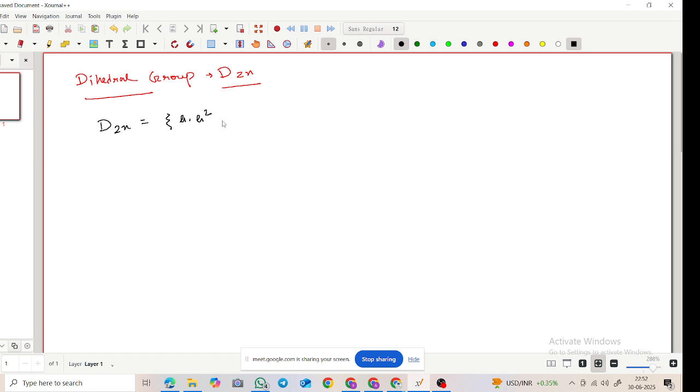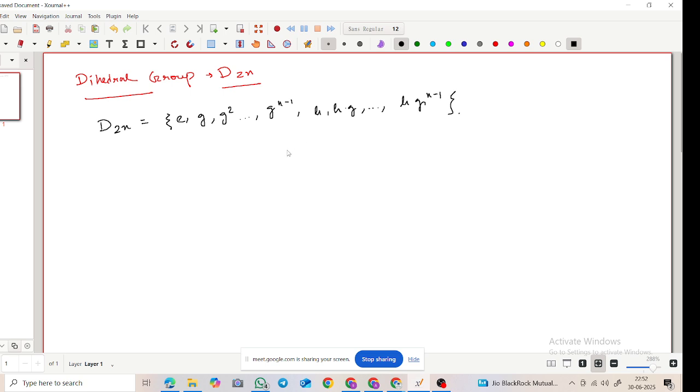H square. This is a group. You can check that this is a group.